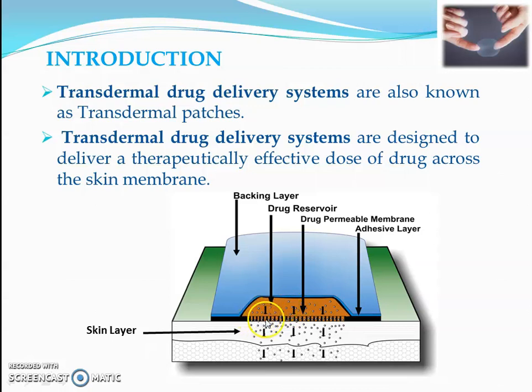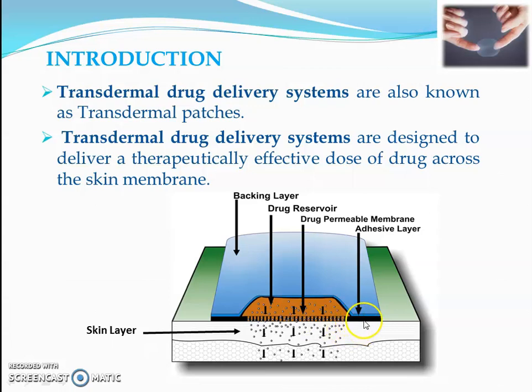This dotted layer is called the drug permeable membrane, or the rate controlling membrane, which plays an important role in controlling the release of the drug from the formulation, so that the drug release may be prolonged for a certain period of time.